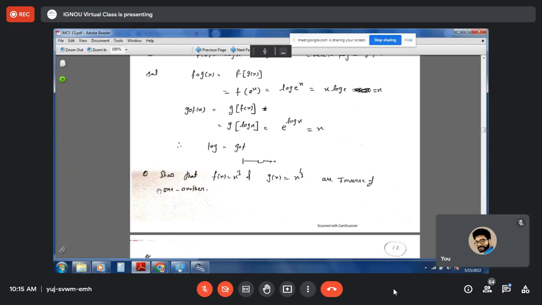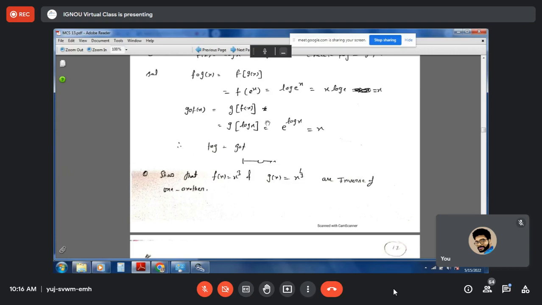Most of the numericals which I discuss here are either from your booklet or mostly from the previous exams. Show that f of x is equal to x cube and g of x is equal to x raised to the power 1 by 3 are inverse of one another. So totally the wording is changed, but nothing new.